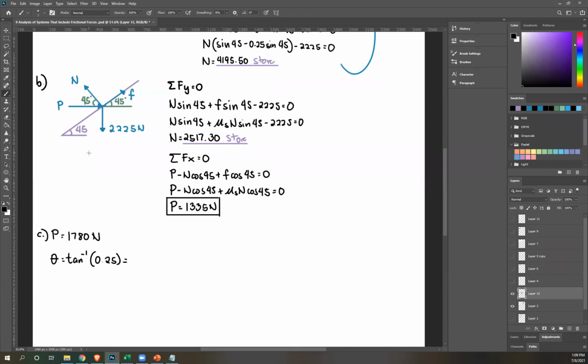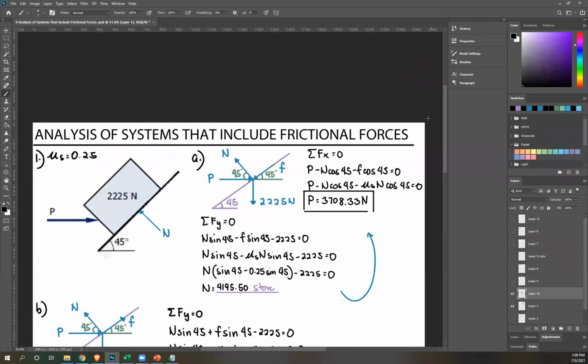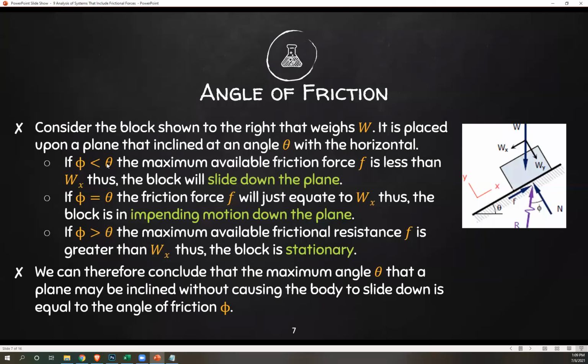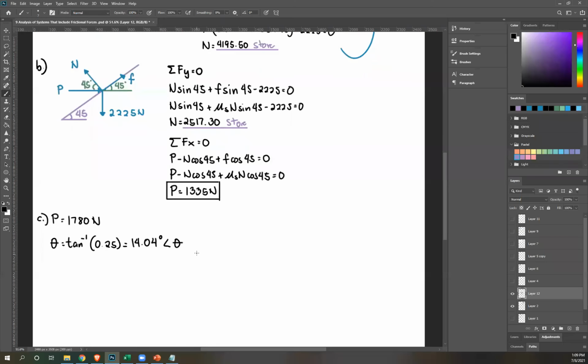Solving for arctangent 0.25, it's 14.04 degrees. And theta is 45. So therefore, theta is greater than phi. And what happens when theta is greater than phi? It slides down. So that's the direction.